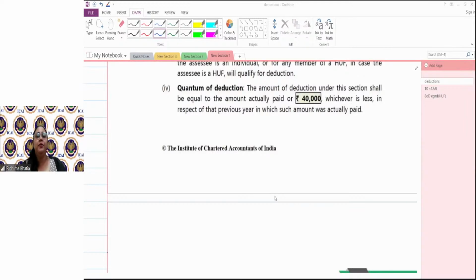The condition for 80DDB में medical treatment is that you cannot have the insurance and that's why you are claiming the medical treatment.